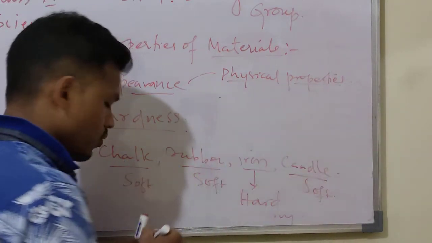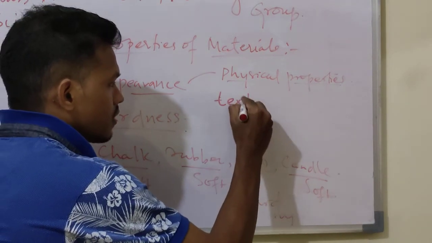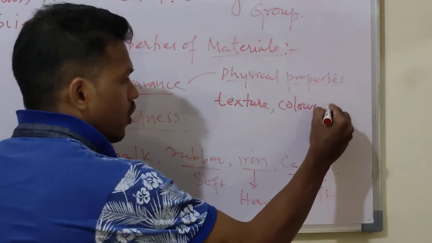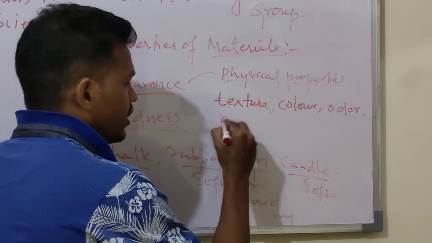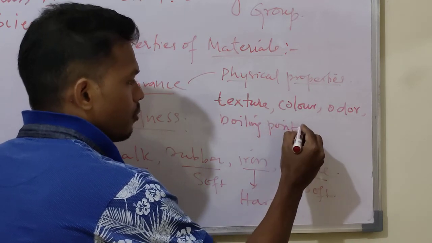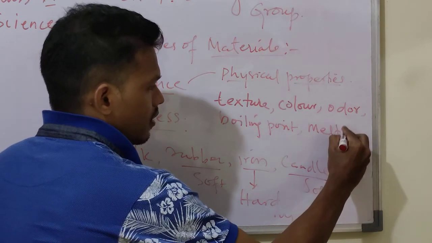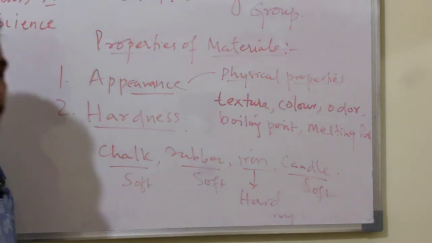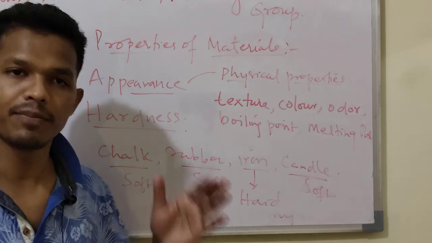In physical properties, there are color, texture, odor, boiling point, melting point, and there are various others.